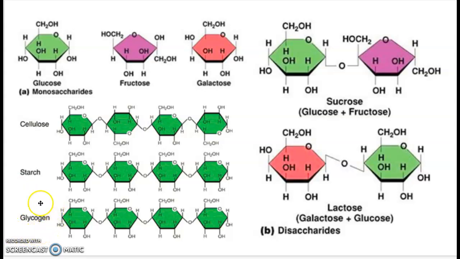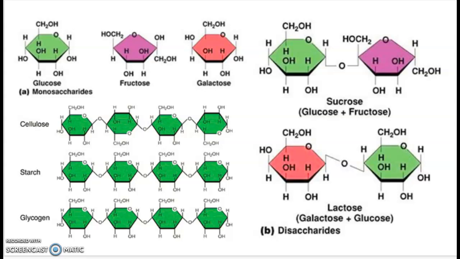Glycogen is a polysaccharide that we find in our bodies. It's stored in the liver and is used for energy, and it's a polysaccharide of glucose. So the sugars do vary over all of Mother Nature, and we can see quite a lot of variety in the kinds of carbohydrates that are available to us in foods and in our environment.